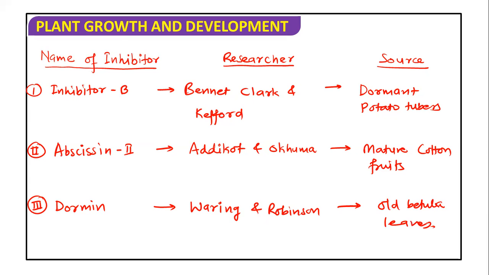So these were the three scientists who discovered three different chemical inhibitors. But later on, as we have discussed, all three were proved to be chemically identical, so they were named abscisic acid. This is what we can say about the discovery.